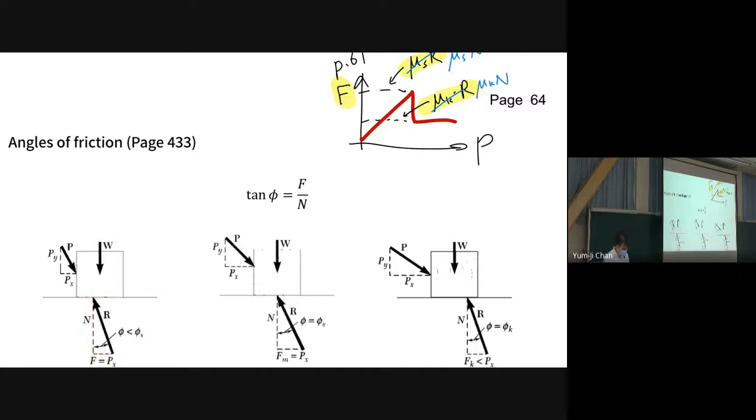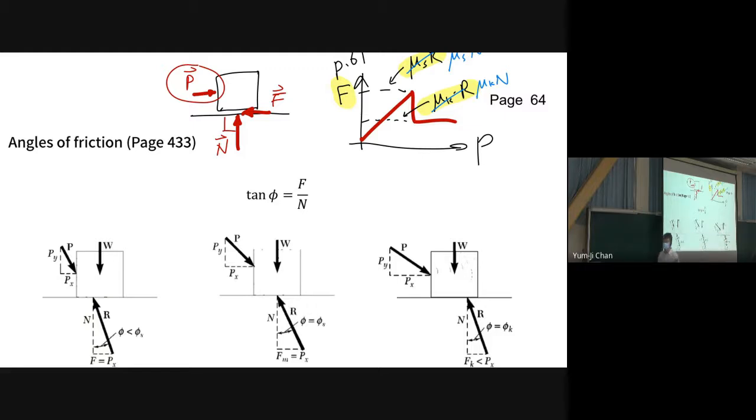For a block, N is always perpendicular to the surface, and F is always along the surface. Of course, we assume P is this way.